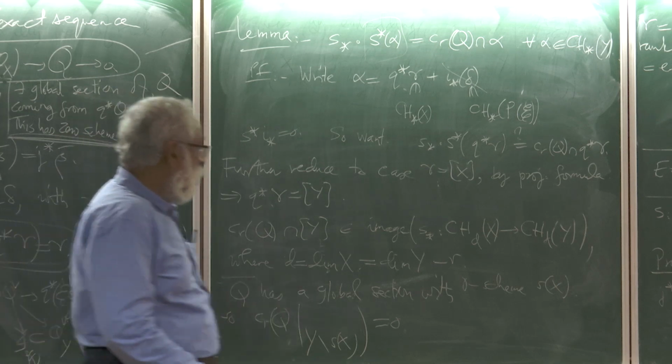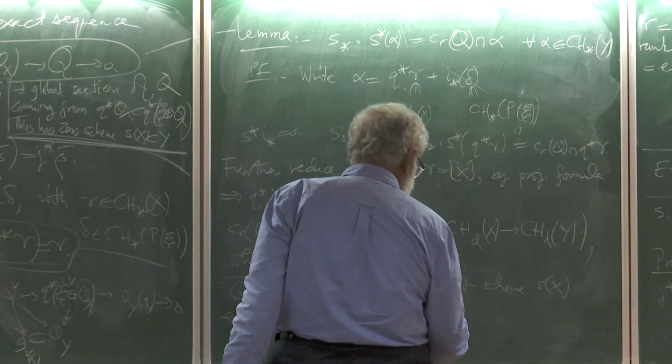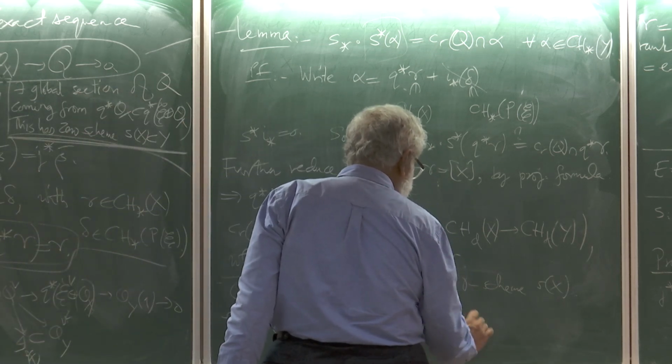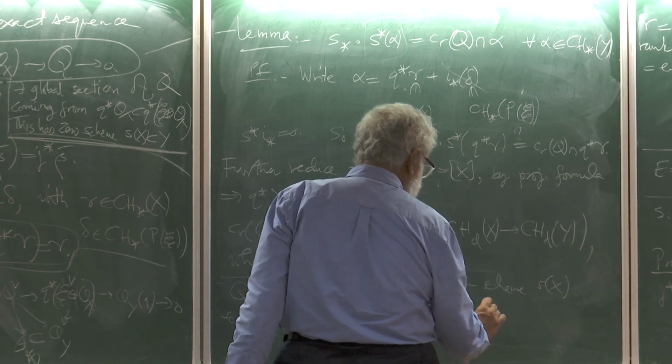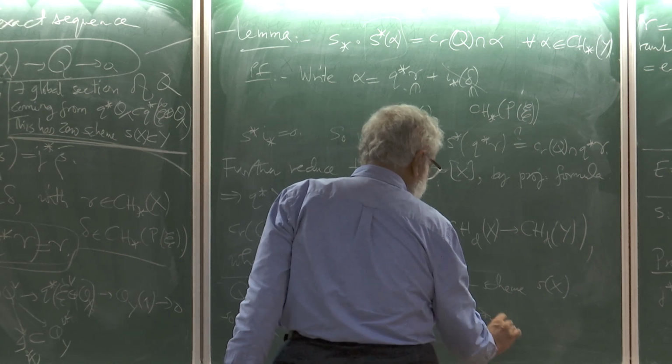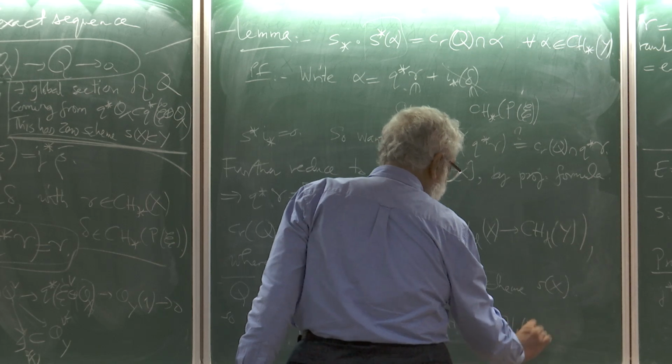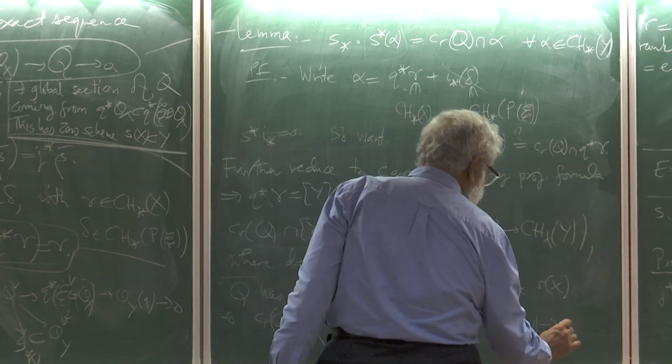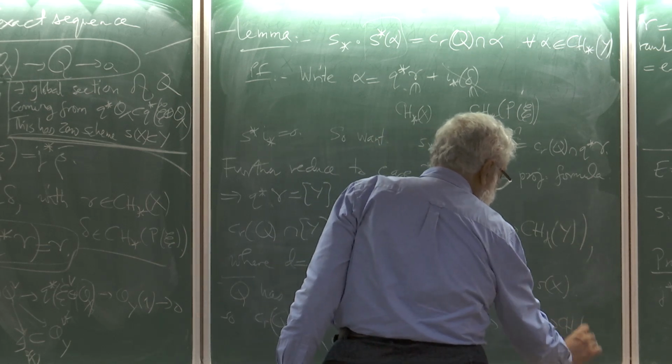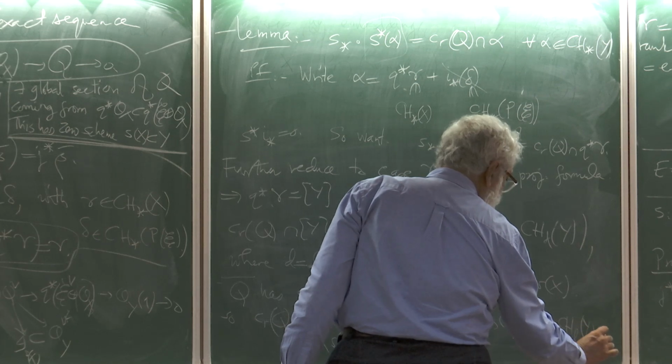So that's true. But then remember, I have a standard exact sequence: Chow d of X, S lower star, Chow d of Y, to Chow d of Y minus Sx.